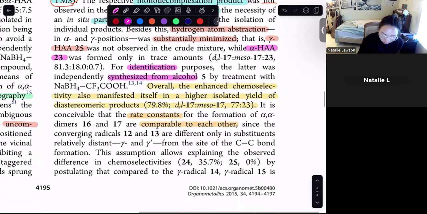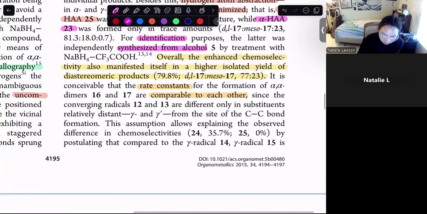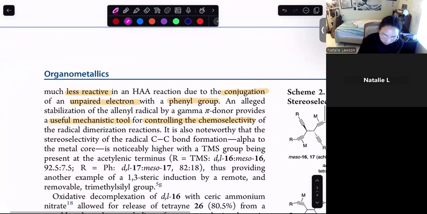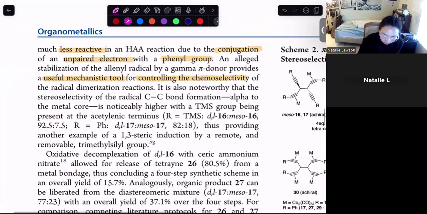Okay, so I think I'm getting to the part where I haven't gotten to yet. So overall, the enhanced chemoselectivity also manifested itself in a higher isolated yield of diastereomeric products. Okay, so let's start highlighting because this is untouched territory so far.